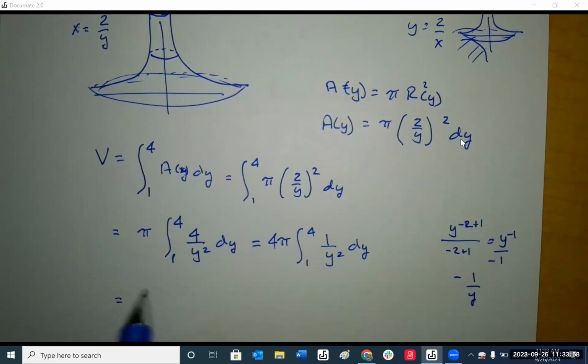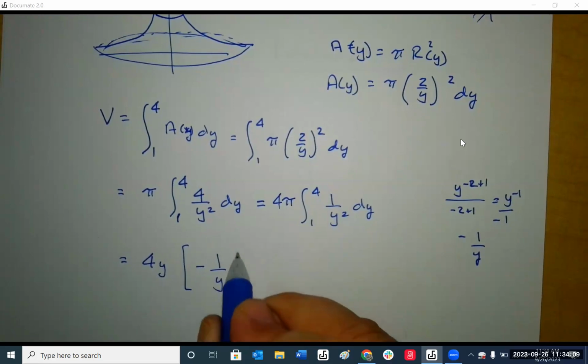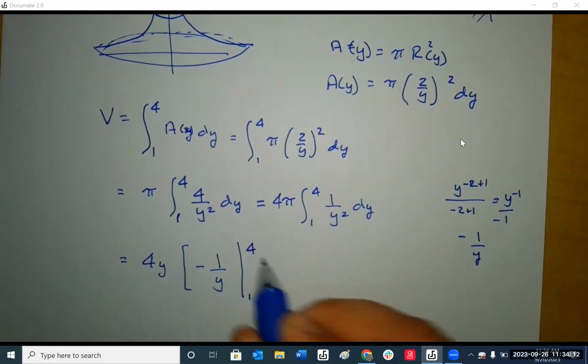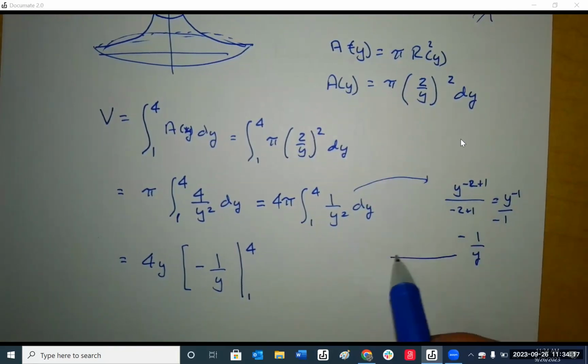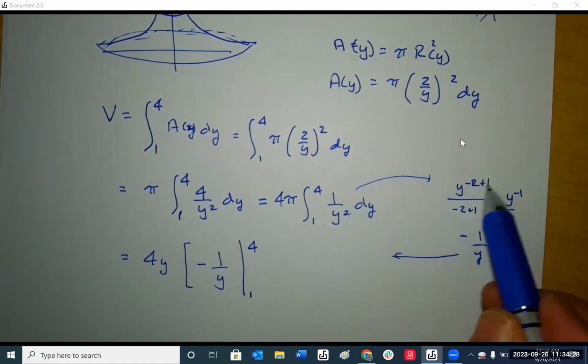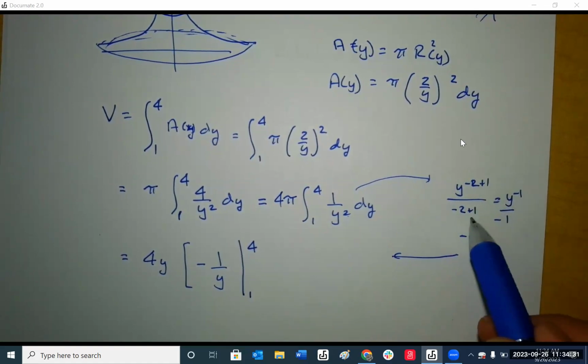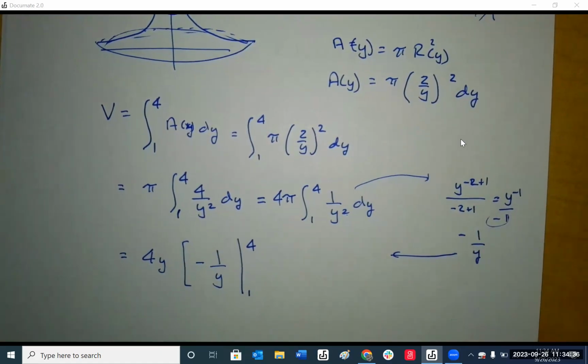So that would be the integral, -1 over y from 1 to 4. Because since this is a denominator, it turns to negative. Add 1 to the top, add 1 to the bottom, we get this. So this is going to make it negative. It's going to be 1 over y negative.